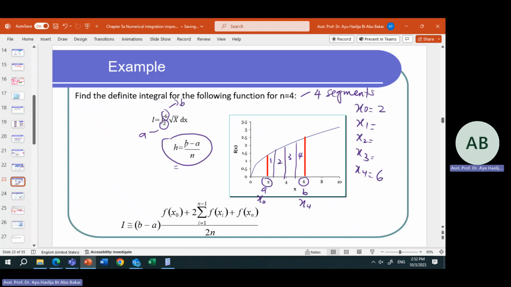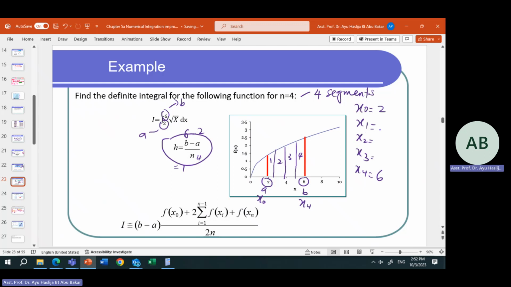Correct, h should be 1. B 6 minus 2 over 4. N is 4. Okay, h will get 1.